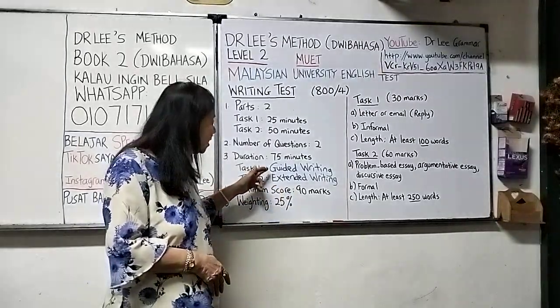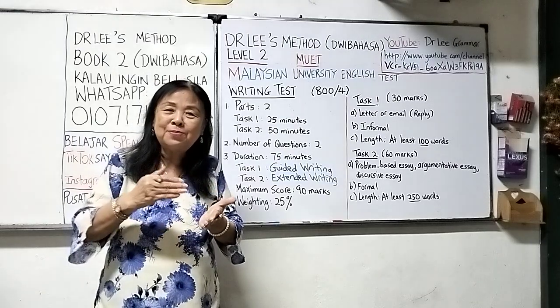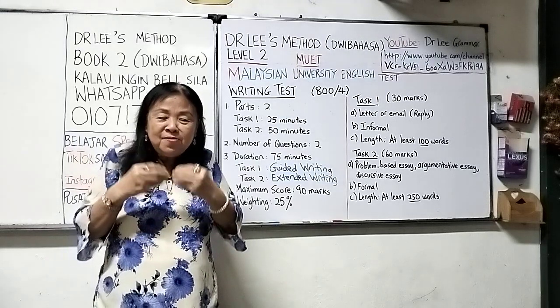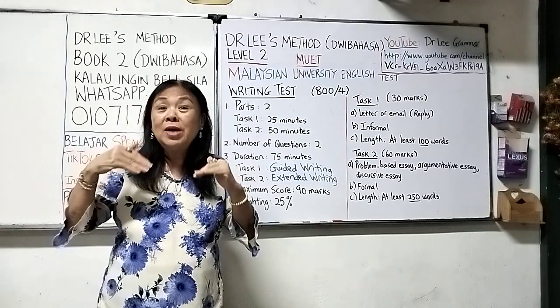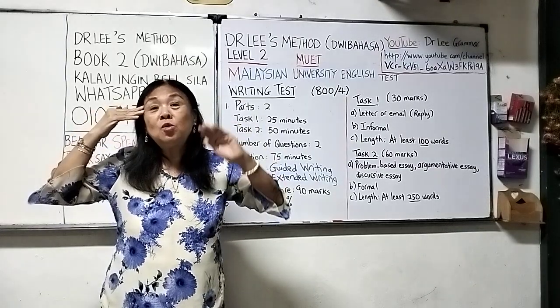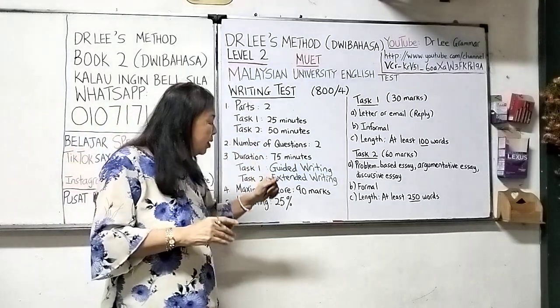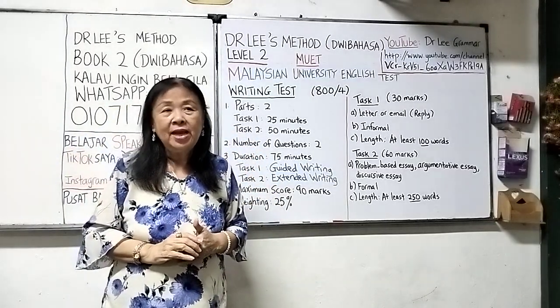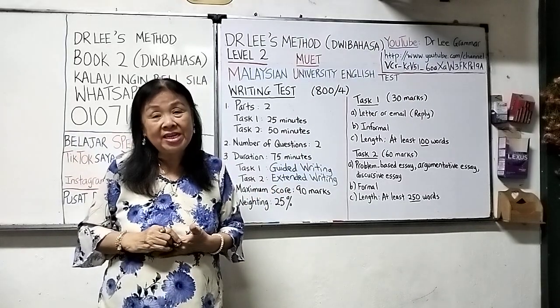Okay? As the word suggests, guided means they give you some points. They give you some information. And then they tell you what to write. So you more or less have something to guide you how to write. The second one is extended writing. SPM, you also have extended writing.